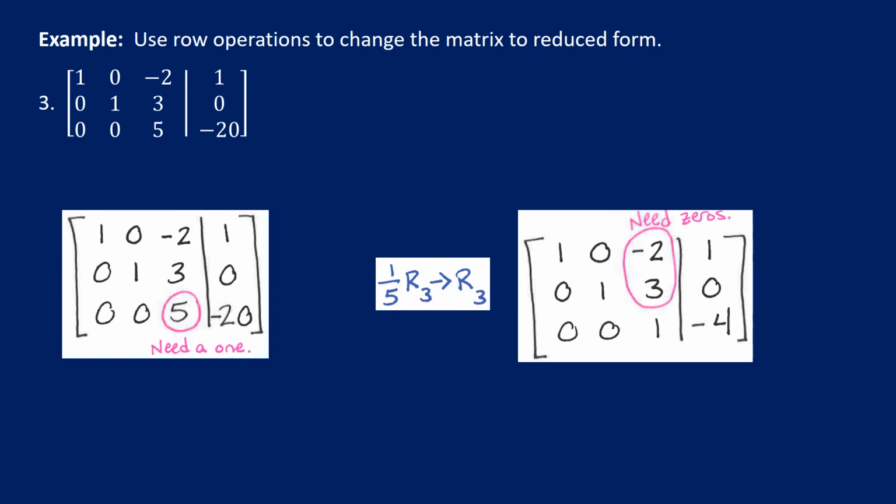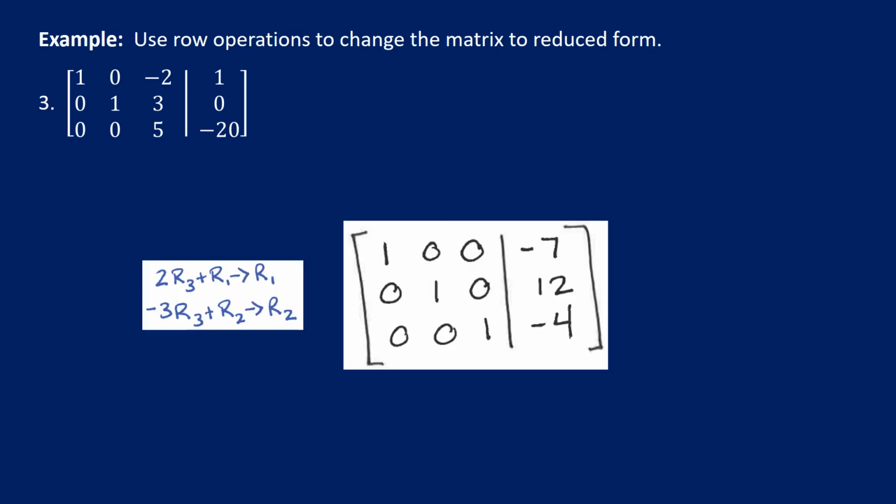Remember, when I'm trying to get zeros, what I'm going to do is multiply the row that has a 1 by the opposite of what I'm trying to replace and add it to it. So if I'm trying to get rid of a negative 2, I want to add a 2 to that.